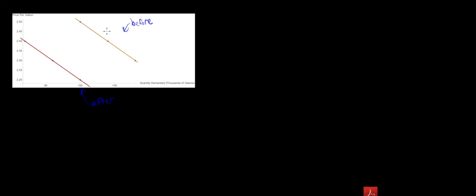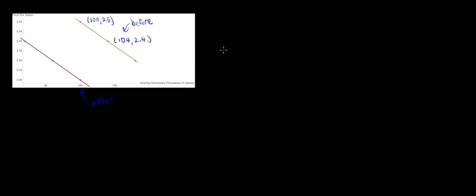For the before, we're going to use these 2 points. This point is (104, 2.4), and this point is (100, 2.5).